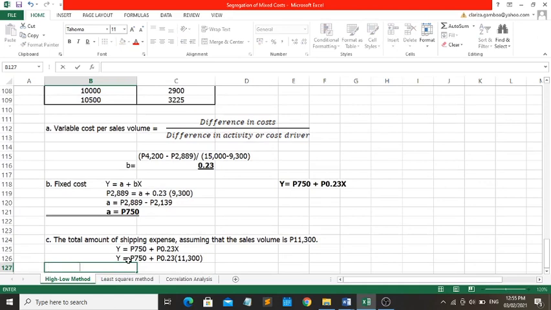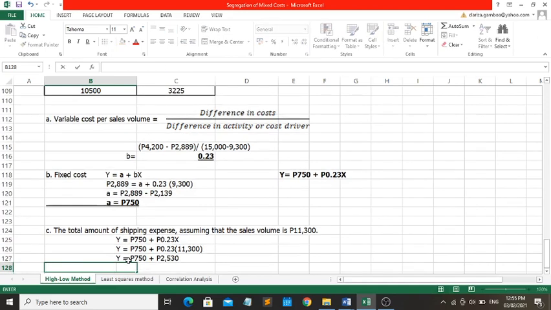So, ang answer natin, the total shipping expense if our sales volume is 11,300, you can compute. Add nyo na 750 plus the total variable cost na na-compute. 0.23 times 11,300, we have 2,530.